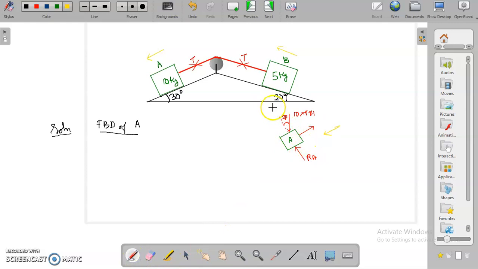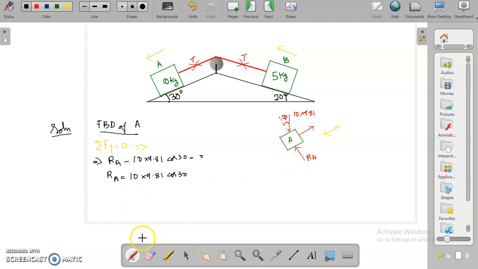Since there is no motion in the y direction, we take the x direction along the inclined surface and the y direction perpendicular to that. So sigma Fy equal to 0, which implies RA minus 10 into 9.81 cos 30 equal to 0, or RA equal to 10 into 9.81 cos 30. Now the motion is downwards.